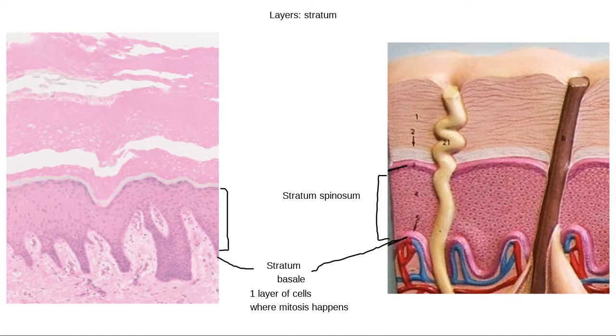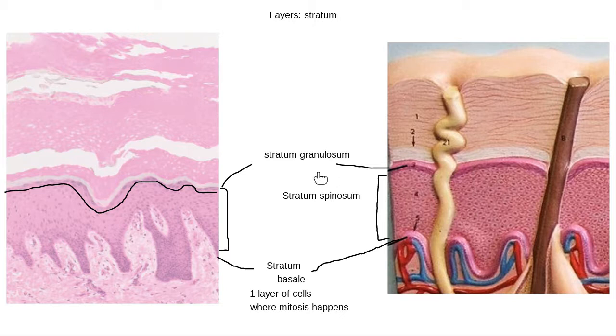Then we hit a layer of cells that's labeled right here. And here I'm going to try to draw a line right underneath it on my other picture. So you can kind of see on top of my black line that I drew over there. The next layer that we're looking at is something called stratum granulosum.